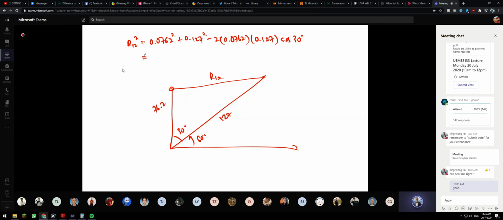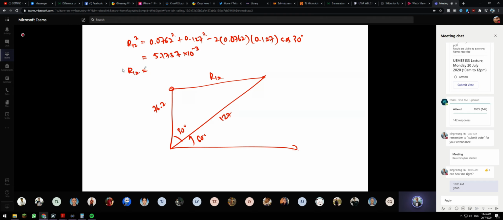So from here, just give me some time, I have calculated. Square minus 2 times 0.0762 times 0.127 cos 30. So maybe I write this value first: 5.1737 times 10 to the power of minus 3.